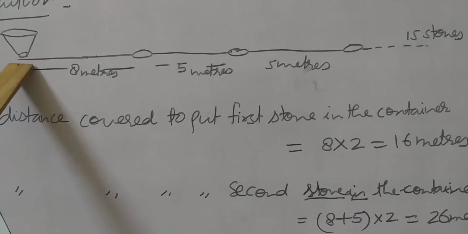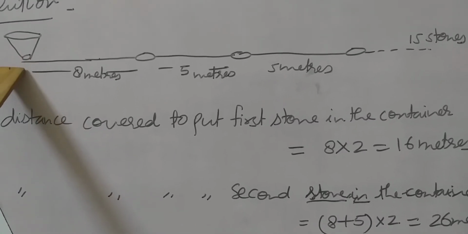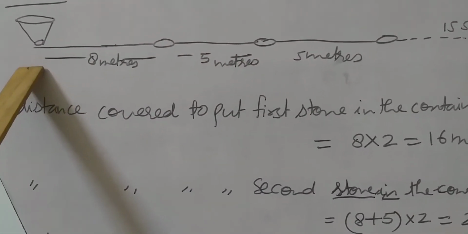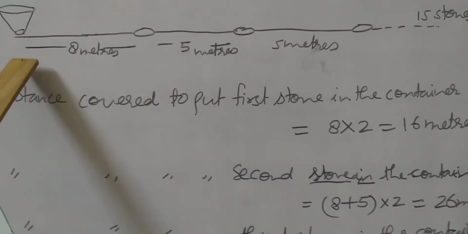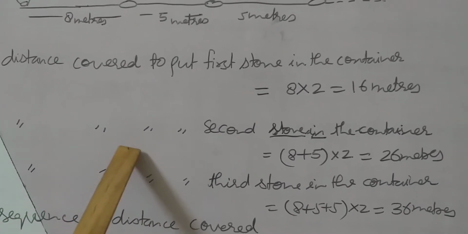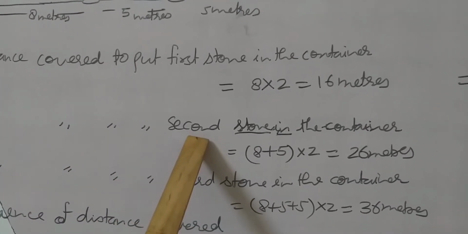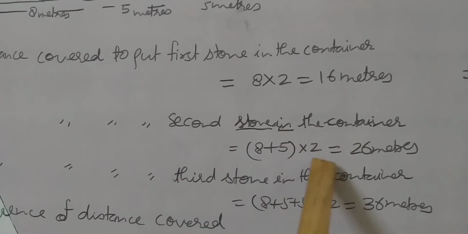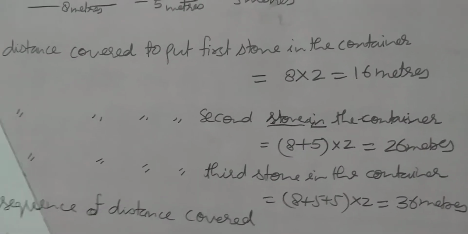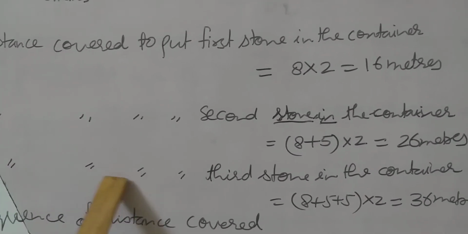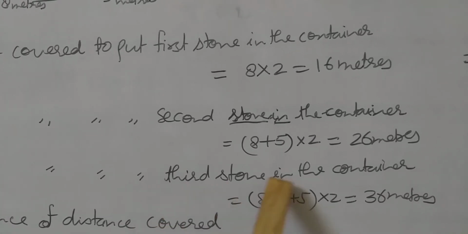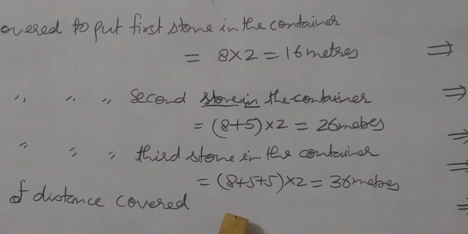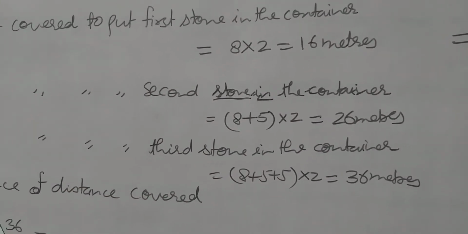Now students, for the second stone he will cover 8 plus 5 meters and comes back to the container, which means twice. So the distance covered to put the second stone in the container is (8 plus 5) into 2 equal to 26 meters. Similarly, the distance covered to put the third stone in the container is (8 plus 5 plus 5) into 2 equal to 36 meters.